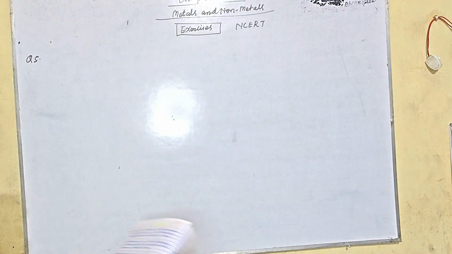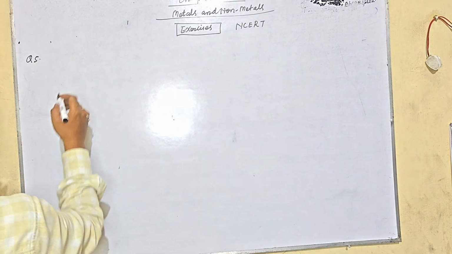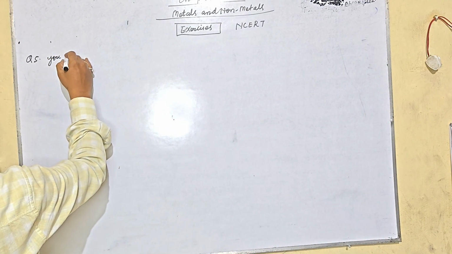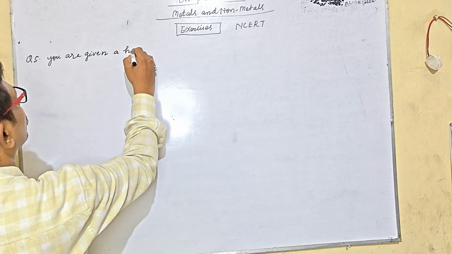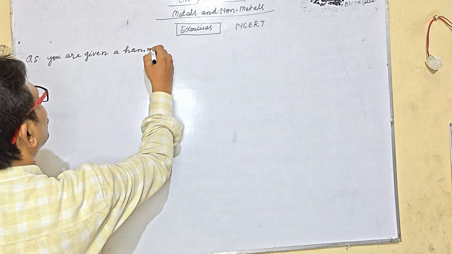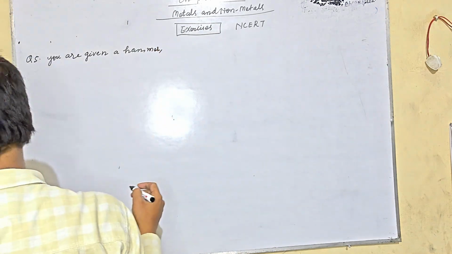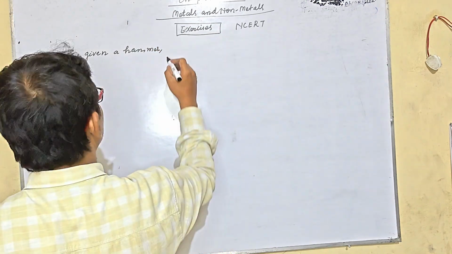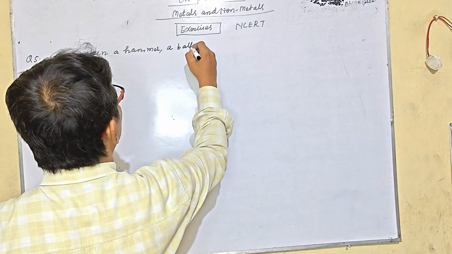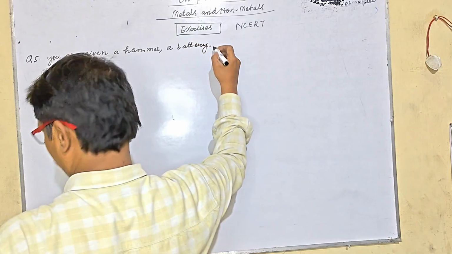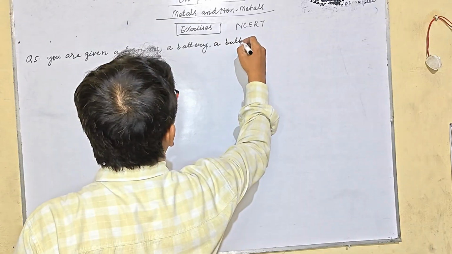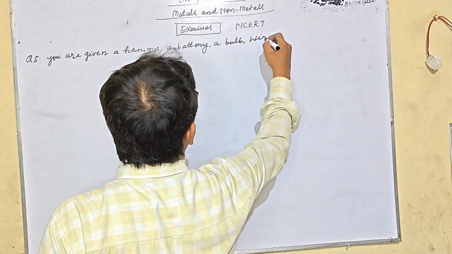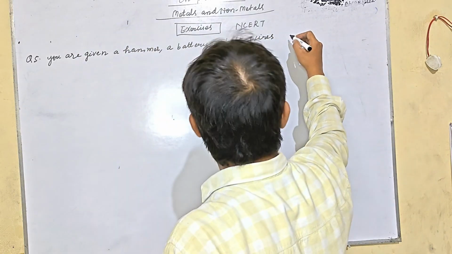You are given a hammer, a battery, a bulb, wires and a switch.